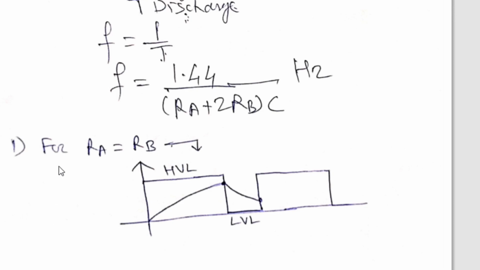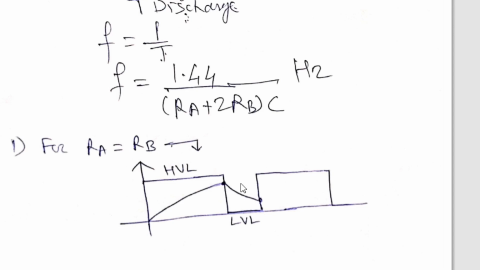Because for charging RA and RB both take part, therefore the total resistance is RA plus RB. Therefore the time required to charge the capacitor is double. See here, the time required to charge the capacitor is double the time required to discharge. So here we have intentionally drawn this as half of this. So if RA equals RB, the charging time is double and the discharging time is half of that.